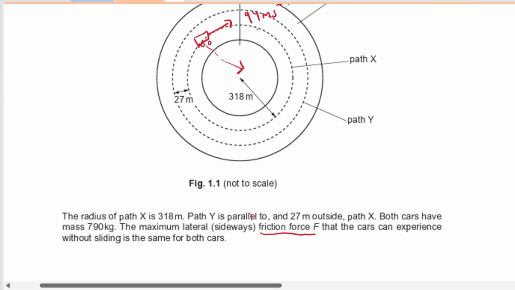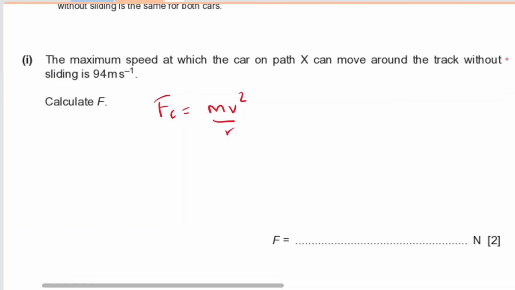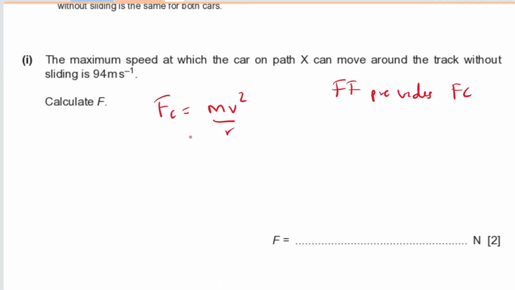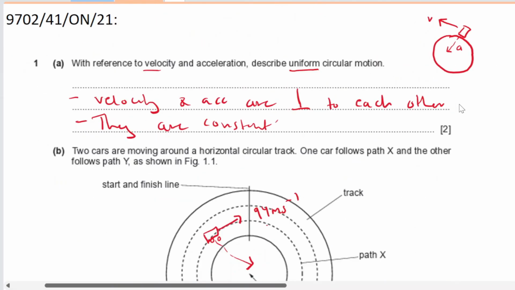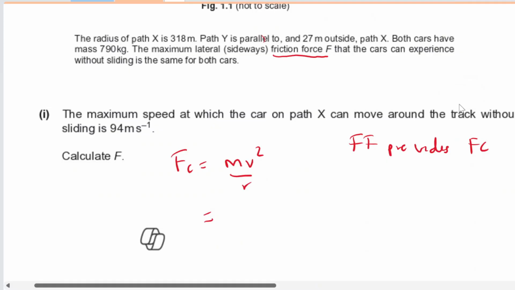It's always better to write what provides the centripetal force, so you should write over here that friction force provides the centripetal force. I'm just writing in shortcuts. Okay, so let's do the calculations now. How much was the mass? The mass was 790 kilograms.